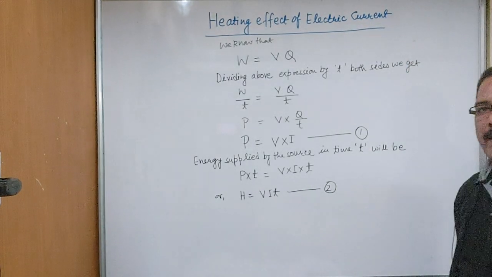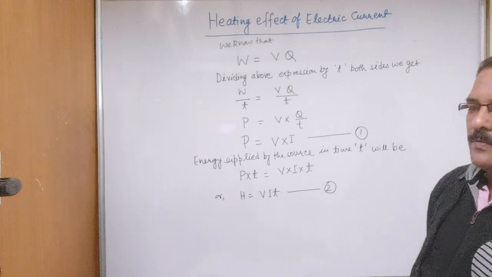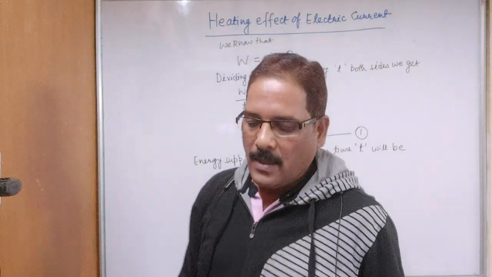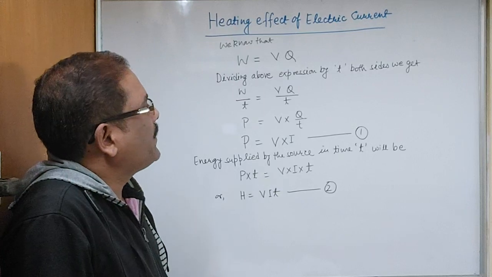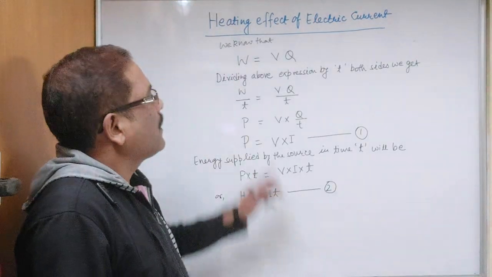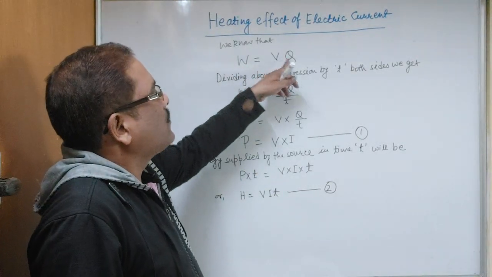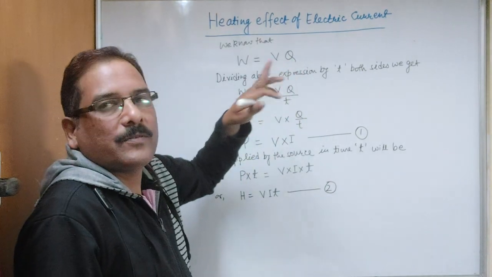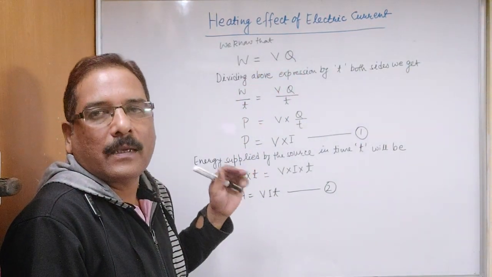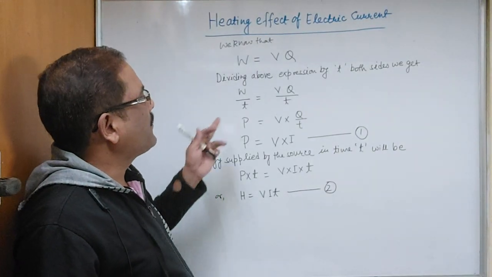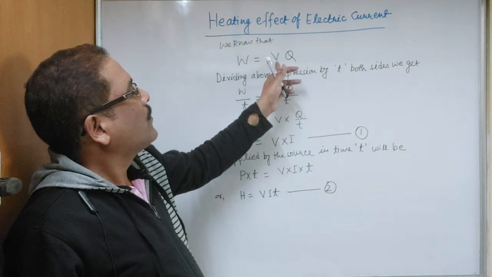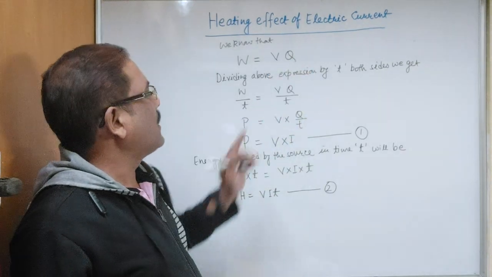We are deriving the expression for the amount of heat produced in a circuit. So we have used the concept that V is equal to W by Q, which we learned while discussing electric potential, and from that expression we have written work done is equal to potential difference into charge.